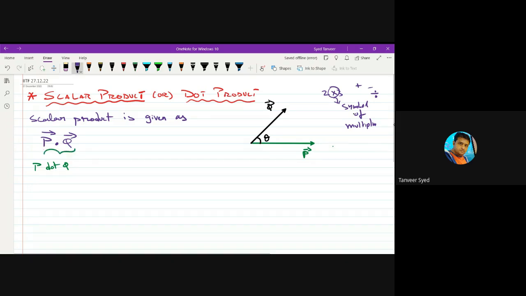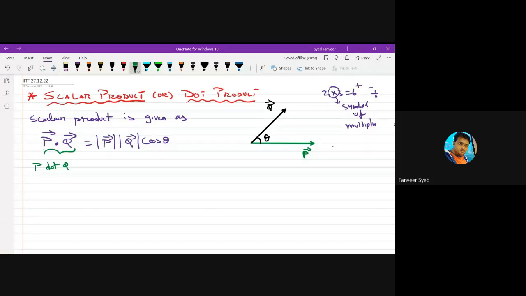So how much is P dot Q? 2 into 3 is equal to 6, right? How much is P dot Q? P dot Q is given like this: PQ cos theta. What do these terms mean?